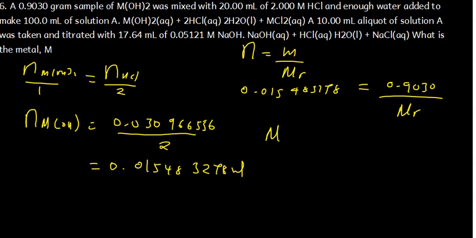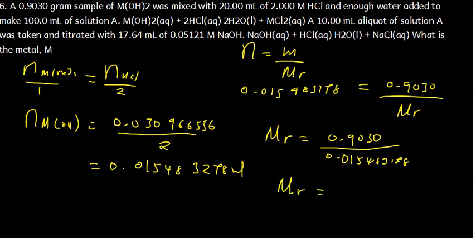So therefore the molar mass will be given by 0.9030 divided by 0.015483278. Molar mass then is going to be 58.32098345 grams per mole. So that is the molar mass of this compound.